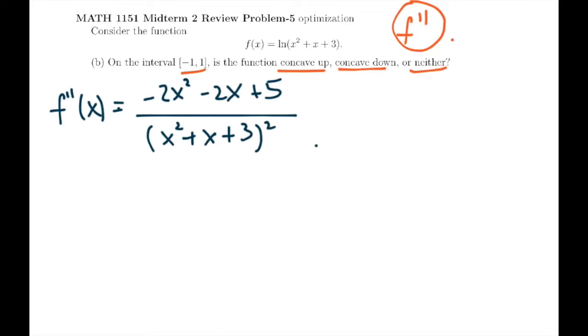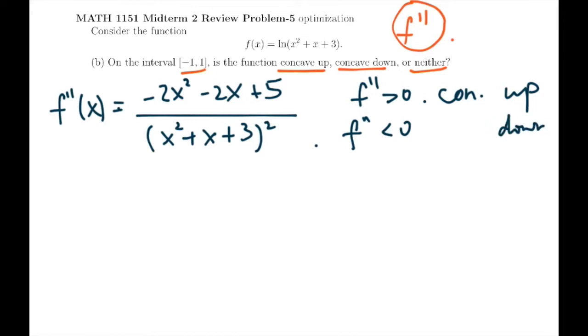And we know that if f double prime is greater than 0, then it is concave up. If f double prime is less than 0, it is concave down. So that means we're going to tell the sign of f double prime to do this problem.